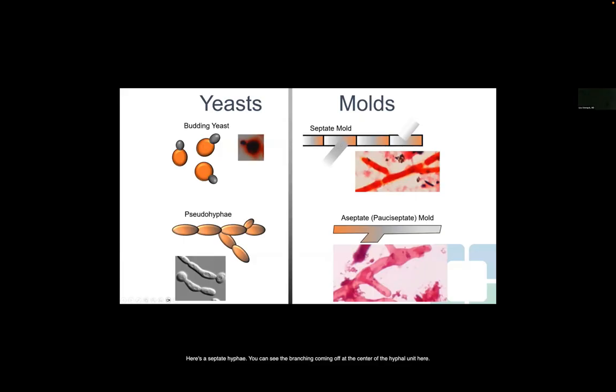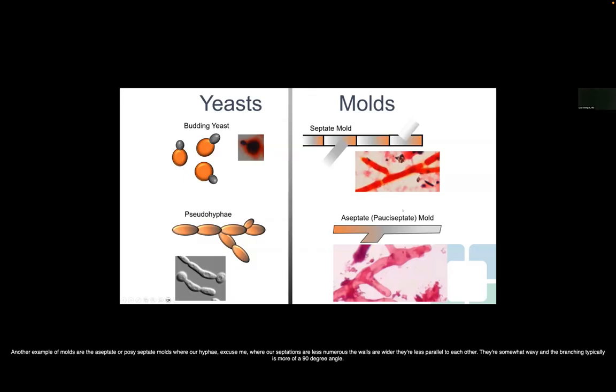You can see the branching coming off at the center of the hyphal unit here. Here's a nice example of Aspergillus species with very parallel walls, discrete septations, and 45-degree angle branching. Another example of molds are the aseptate or pauciseptate molds, where our septations are less numerous.